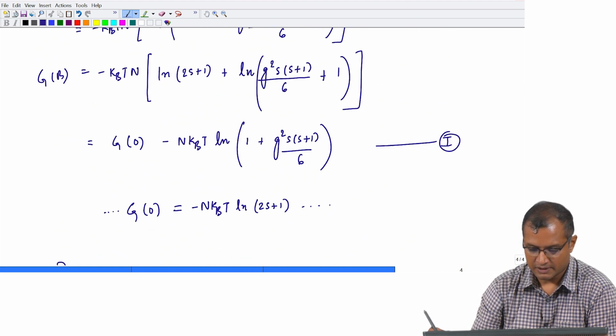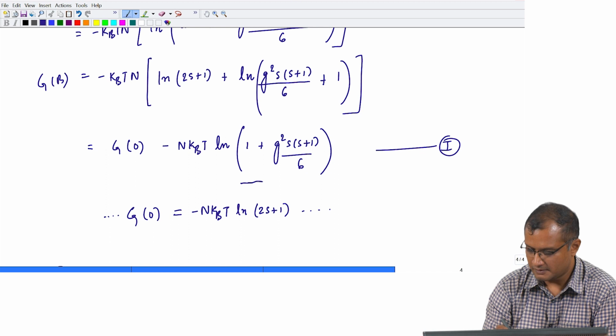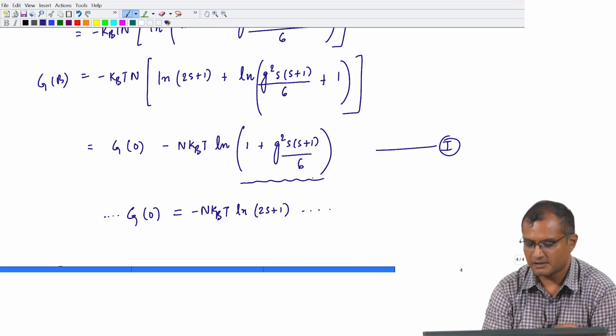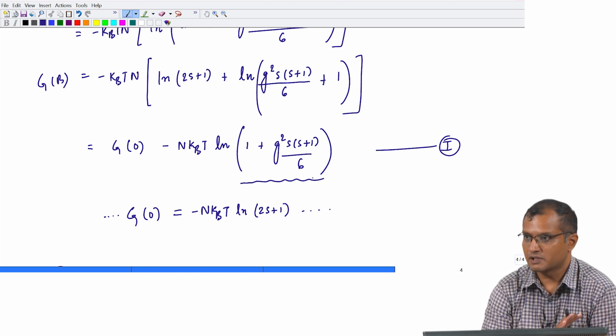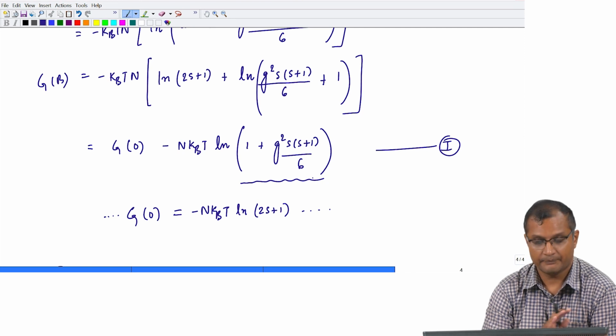So, this term here can be just written as g square into S plus 1 by 6. Okay.